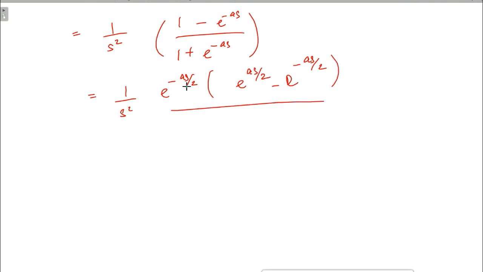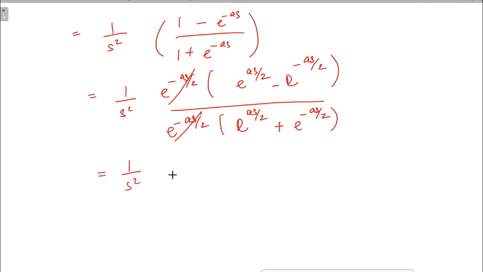If you multiply this term to the numerator, you may get the original term in the previous step. From that, e power as by 2 plus e power minus as by 2, you may cancel this term.